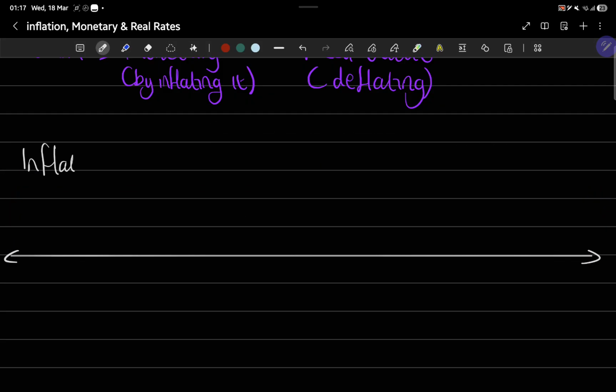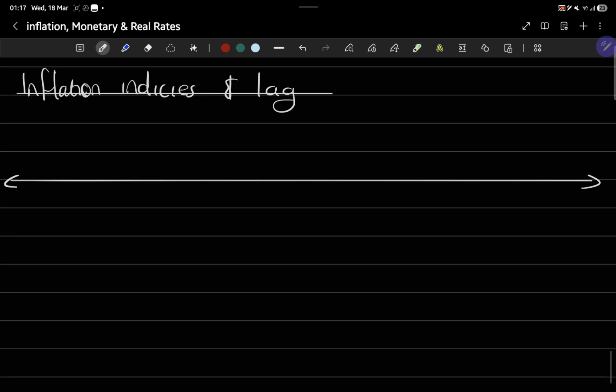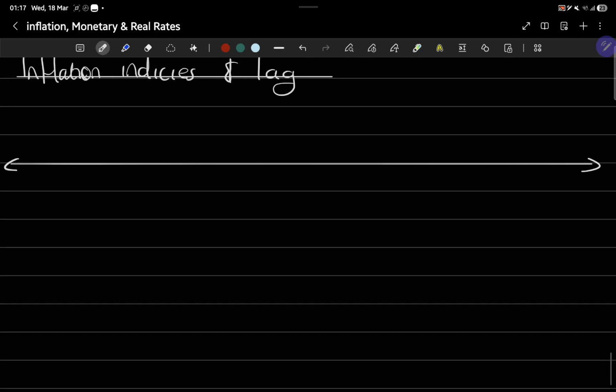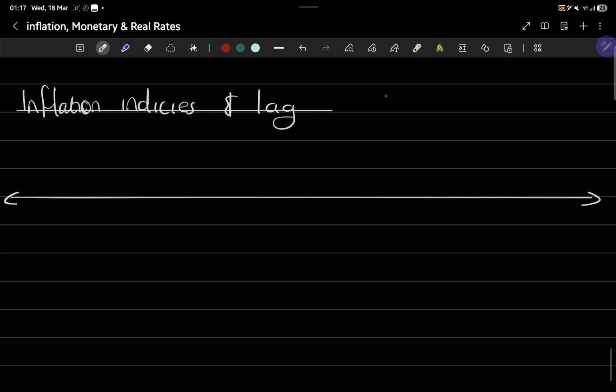So, inflation indices and lag. Another way in which we denote inflation, instead of just denoting it as a constant rate, is in terms of an index.